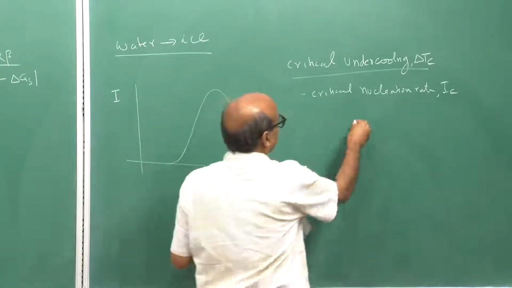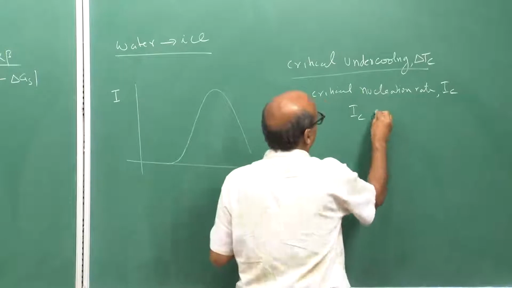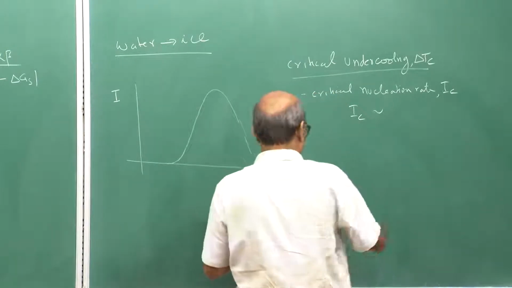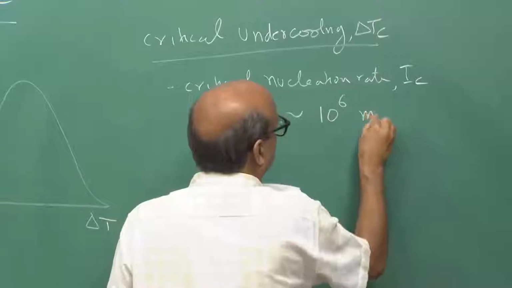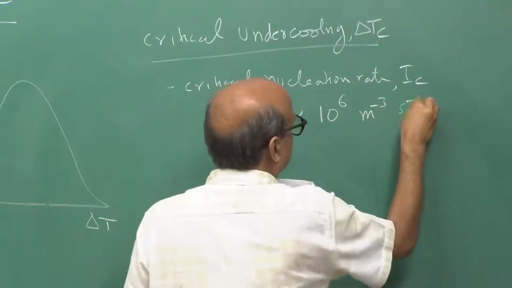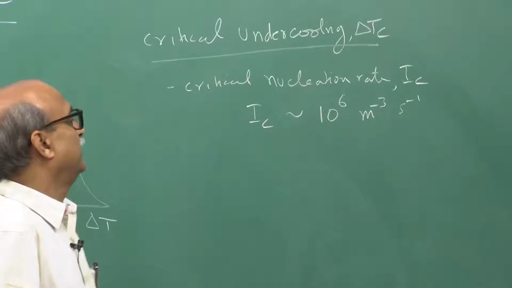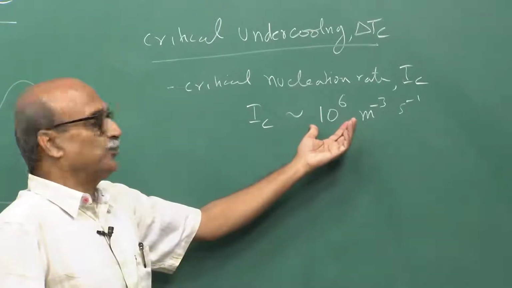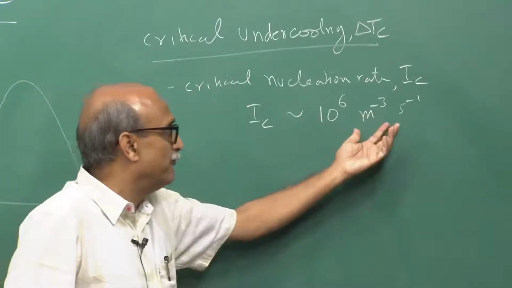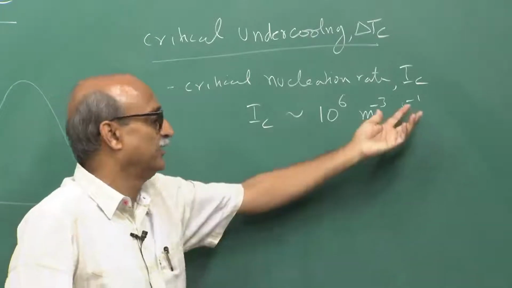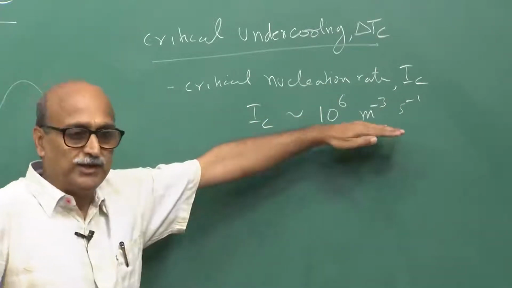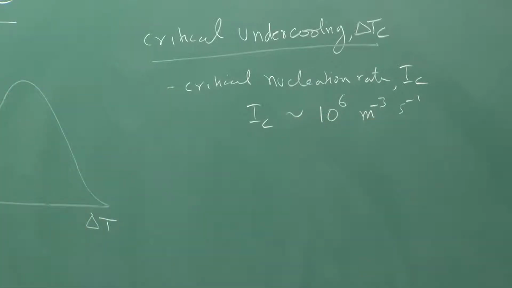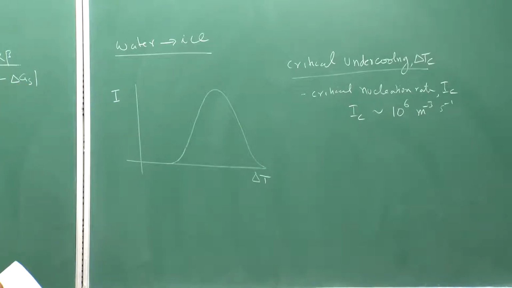And that critical nucleation rate we had taken as 10 to power 6 per meter cube per second. That is formation of 10 to power 6 nuclei in a 1 meter cube of the material in 1 second. It is a very small undercooling, and it is essentially not even possible to measure.